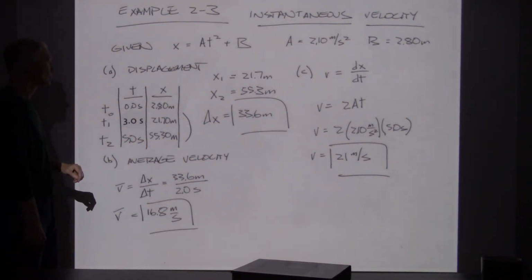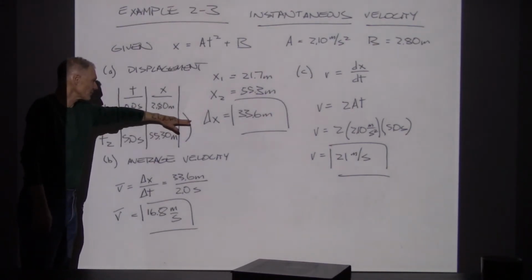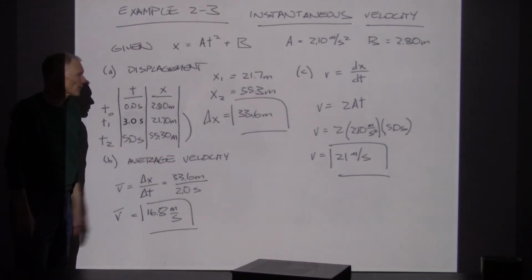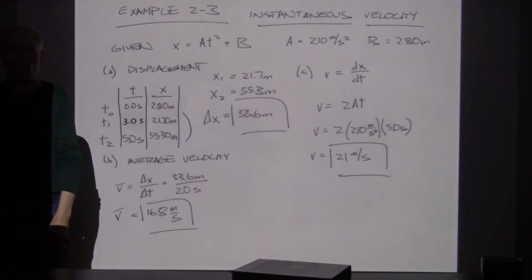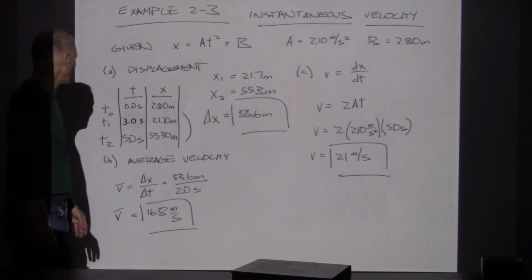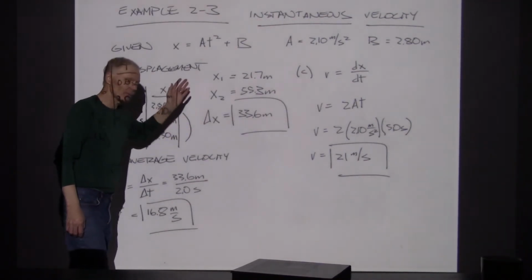So we could get the velocity for the 3-second mark, and we have plugged in the numbers and gotten the velocity for the 5-second mark. Yeah, 12.6, right? So 12.6 meters per second, and then at 5 seconds we're going even faster.